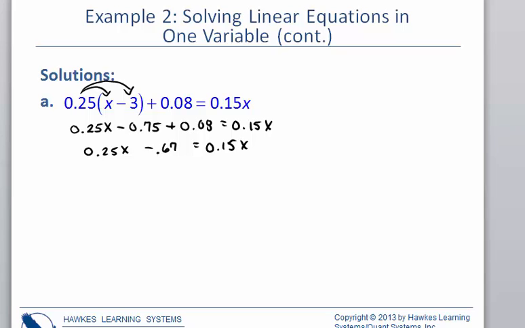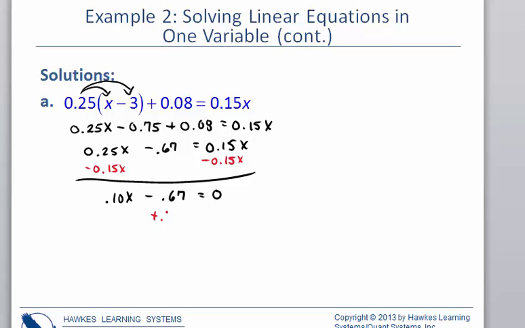Now our goal is to get the x's on one side of the expression and the numbers that do not have an x on the other side. So we'll begin by subtracting the 0.15x from both sides. And so that's going to give me 0.10x minus 0.67 is equal to 0.